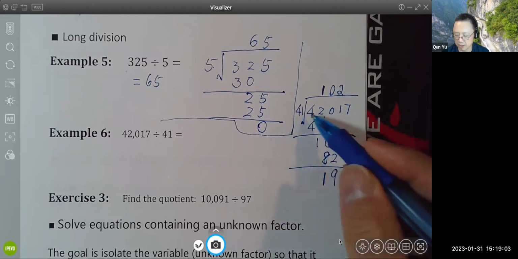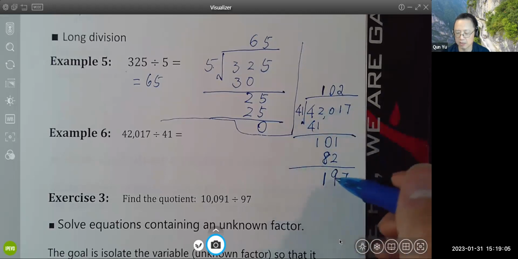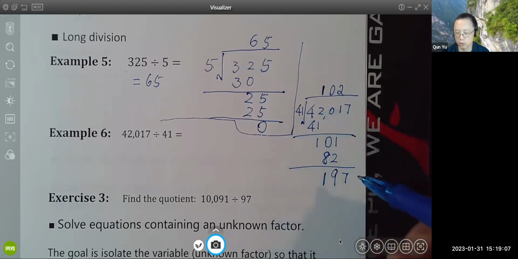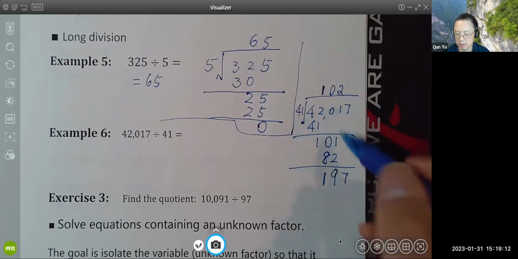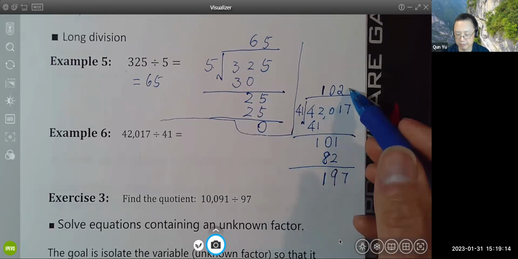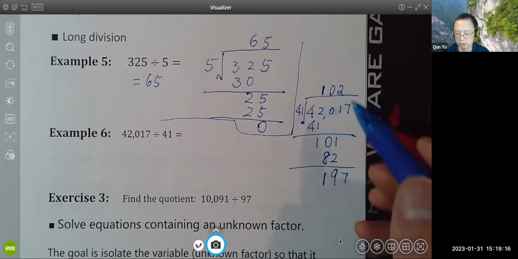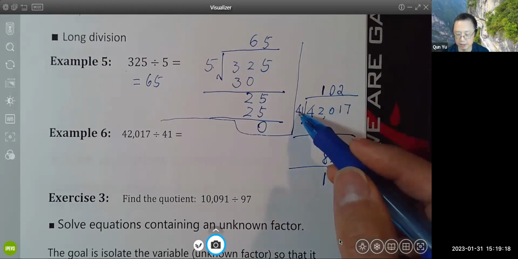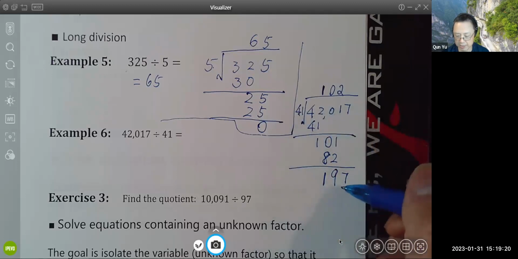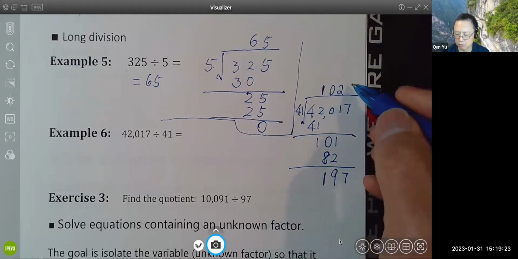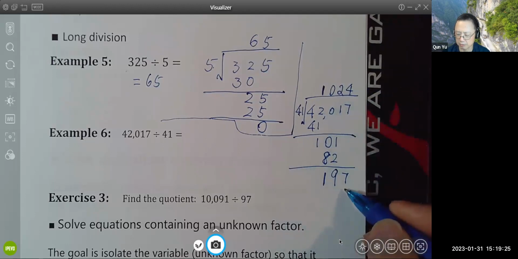How many 41s are in 197? We can do a quick estimation. If we multiply by 5, it's going to be 200. If we multiply by 4, it's 160 something. That's just about right. So this is going to be 4. 1 times 4 is 4.